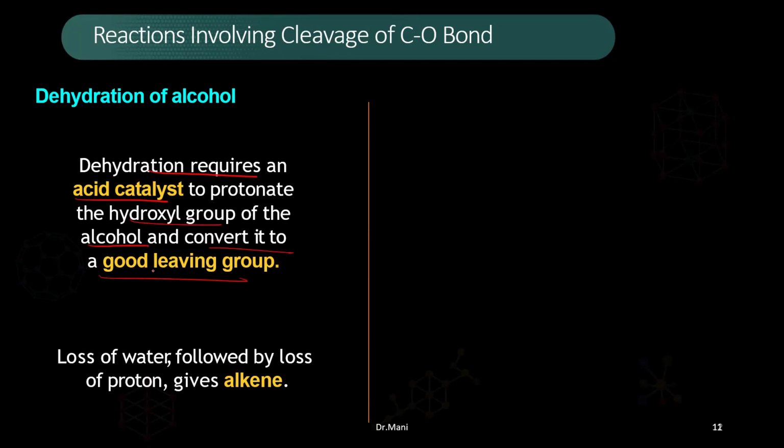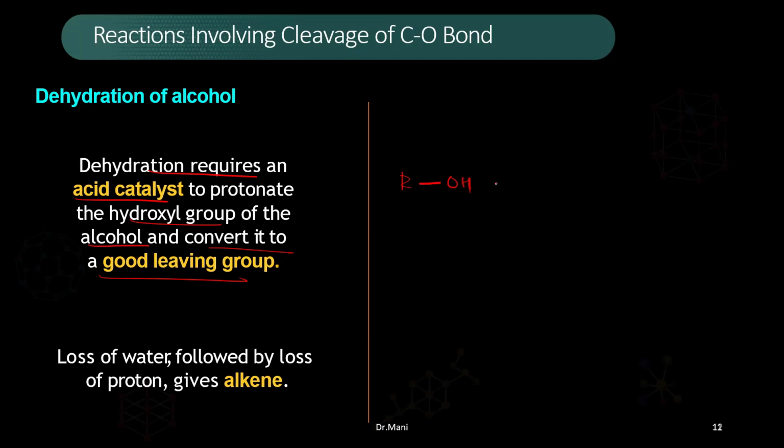If you remember, in the previous class I told you that whenever it is attached like this, ROH, the OH is not a very good leaving group. Yes or no? The OH is a very bad leaving group, so we cannot break it easily. In order to make it a good leaving group, we need to protonate it.